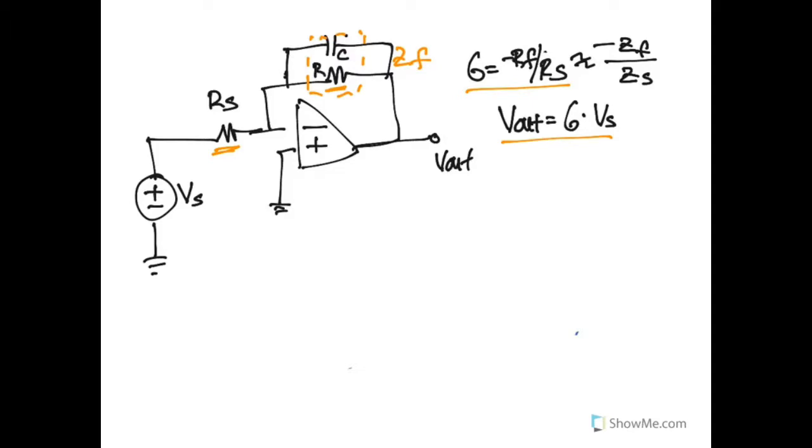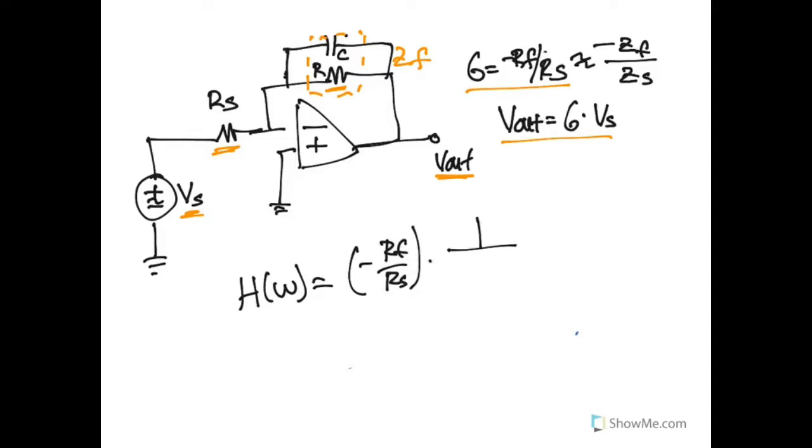Now, in a soon-to-follow video, I will go through the long and torturous math of finding what the transfer function of this circuit would be. If I wanted to know the relationship between the output and the input in this AC circuit, we would come up with an expression that looks like this: negative RF over RS times 1 over 1 plus jωRFCF, where RF is the feedback resistor.